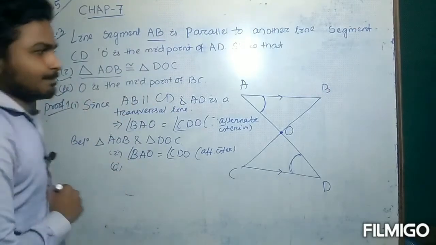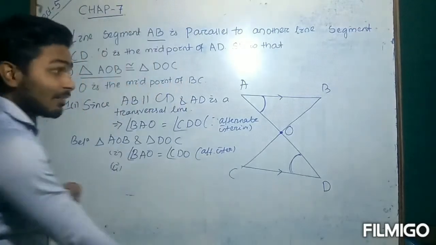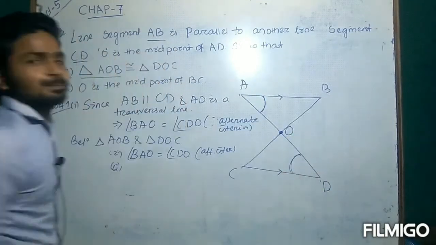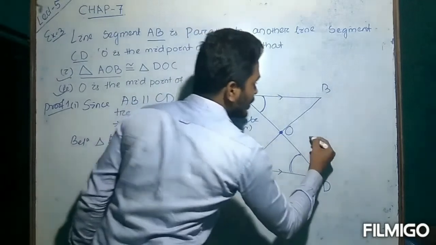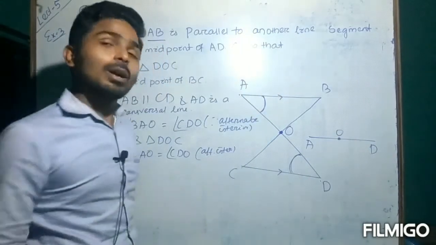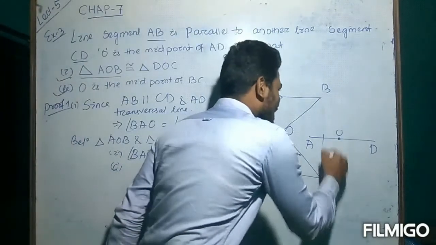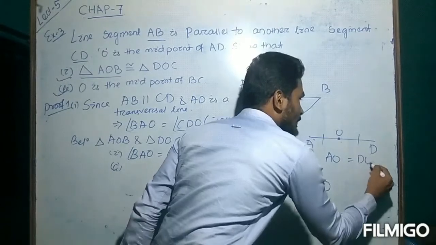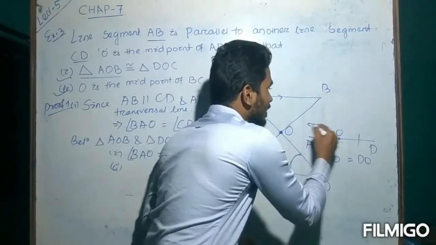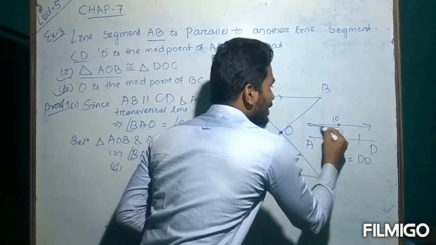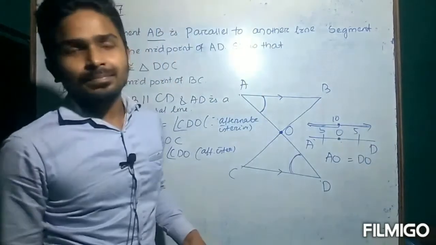Second condition, since it is given that O is the midpoint of AD. Suppose this is your AD and O is the midpoint, then we can write that this distance AO is equal to this distance DO. If it is 10 centimeter and O is the midpoint, then this will be 5, this will be 5.